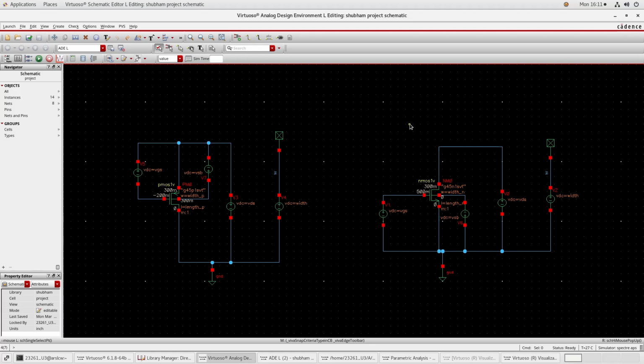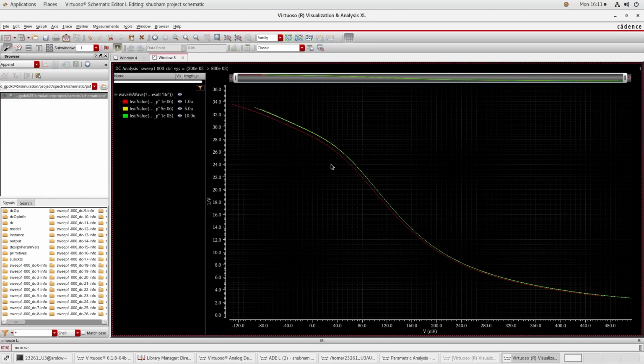In this video, I have already plotted gm over ID versus V overdrive for PMOS. I'm showing that graph. The y-axis is gm over ID and the x-axis is V overdrive, that is minus of VGT. We know that near VTH we will be in weak inversion.